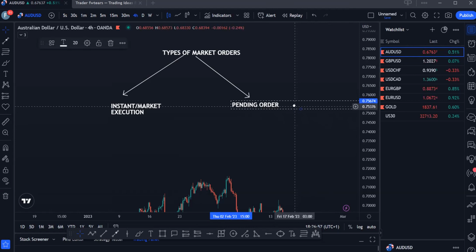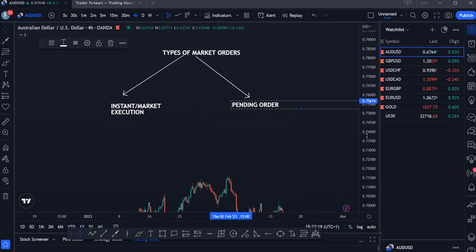So let us define these. What do we mean by instant or market execution? You use market execution if you want to enter a buy or sell order in real time, at the current market price.